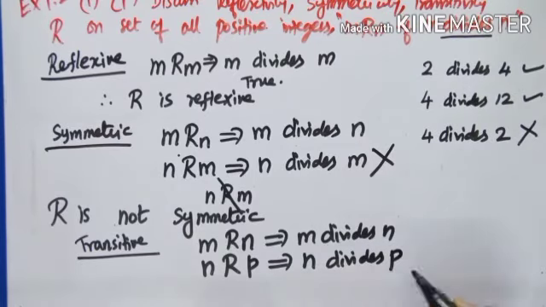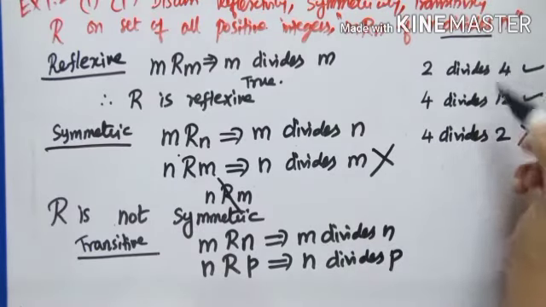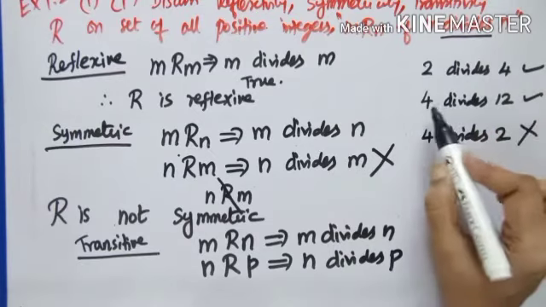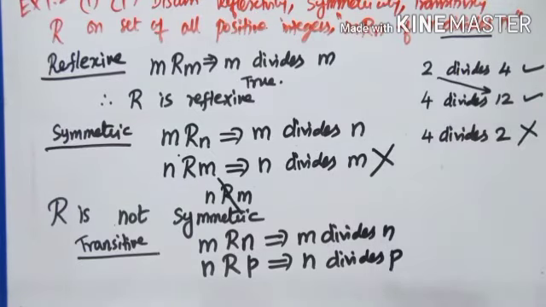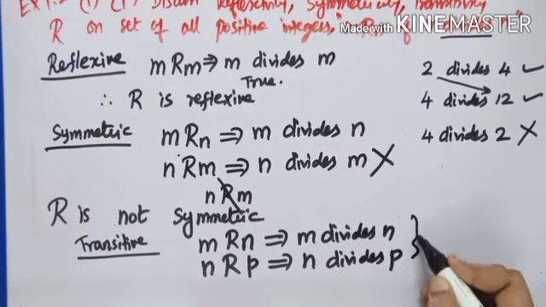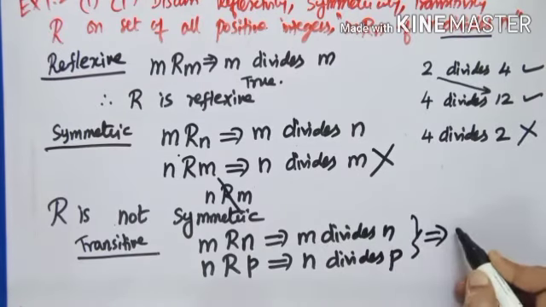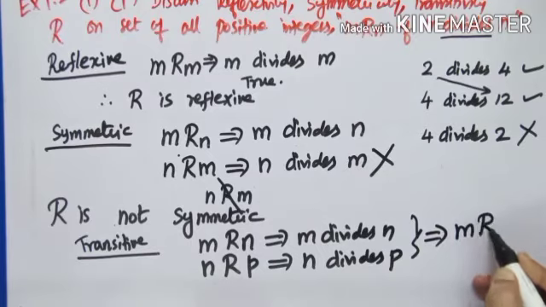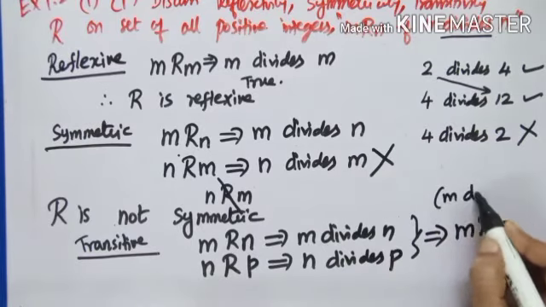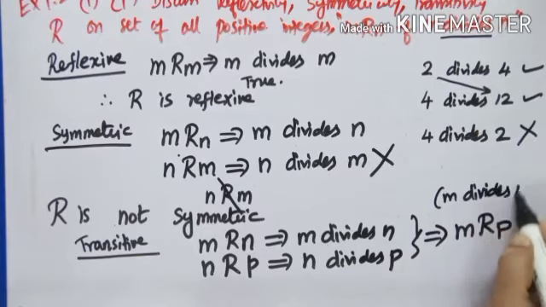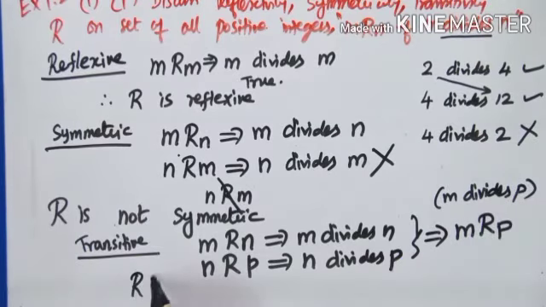Here N is smaller, P is bigger. So from this idea, 2 divides 4, 4 divides 12 implies 2 divides 12. Same idea, I can say this implies M related to P, or M divides P. So R is transitive.